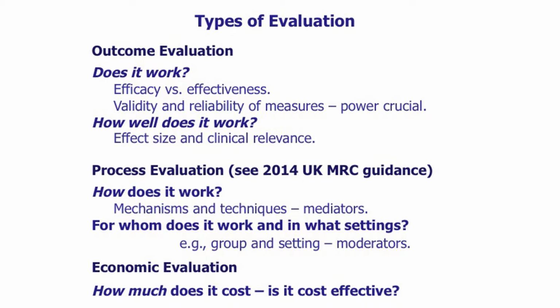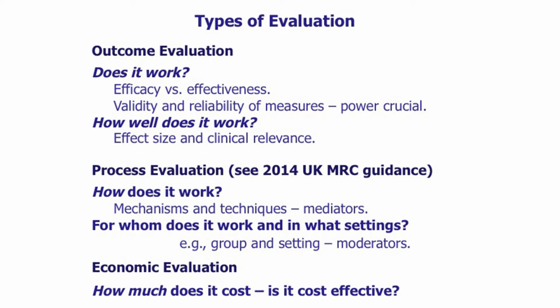Our process evaluation measures whether the mechanisms of change actually occurred. So let's say our program does indeed lead to weight loss. Did it do that in the way that we thought it would? So that's where we measure the changes that we had predicted. And that tells us not whether it works, but whether it worked in the way that it was designed.